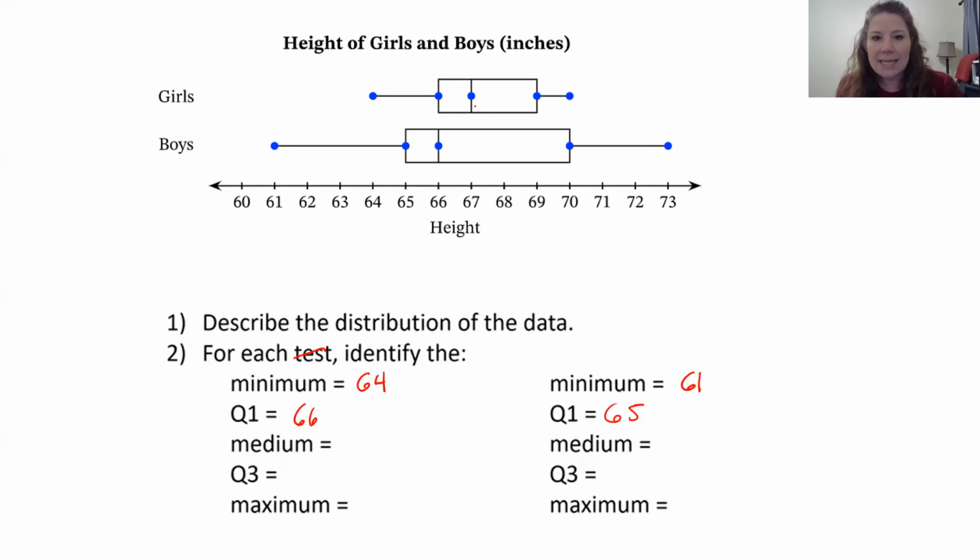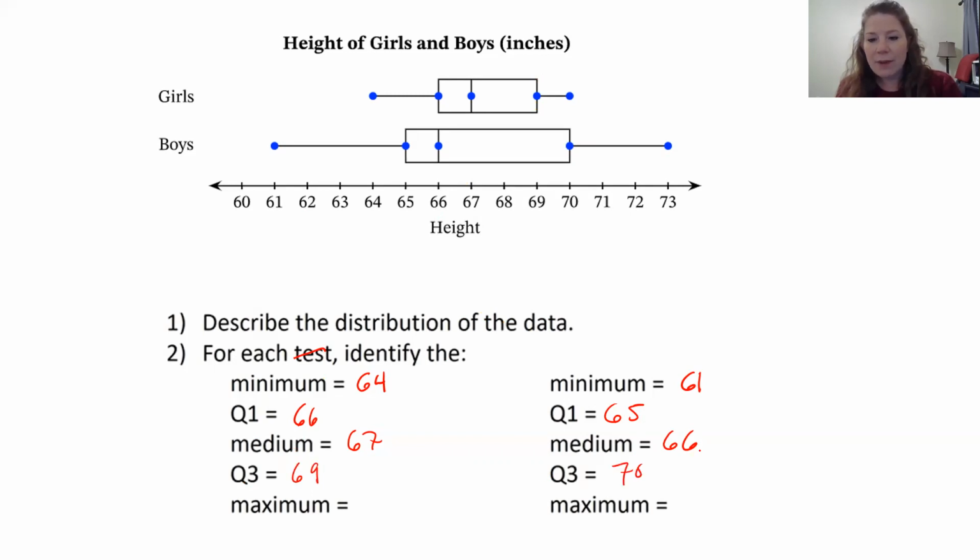And then the median, the middle girl's height is 67. The median for the guys is 66. So the middle girl is actually 1 inch taller than the middle guy, which is kind of interesting. And then our third quartile for our girls is 69. For our guys, it's 70.